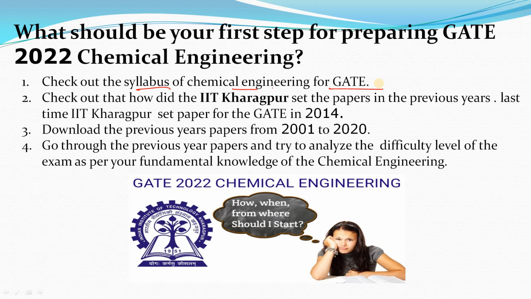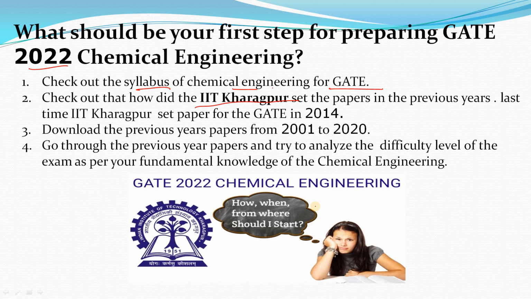The second step is you should know who is going to organize the paper when you are appearing for GATE. If I talk about GATE 2022, IIT Kharagpur is going to organize that paper. So you have to know how IIT Kharagpur organizes or sets the papers in previous years, because it will tell you the mentality and the aim of IIT Kharagpur behind organizing the GATE.